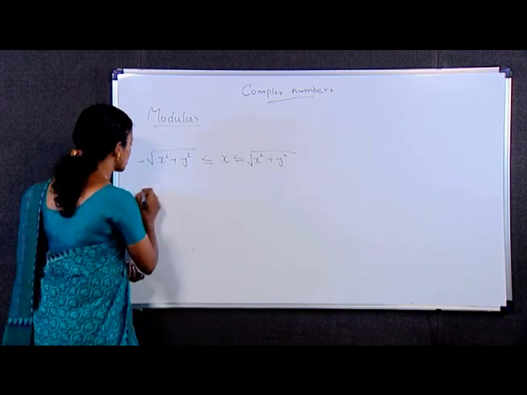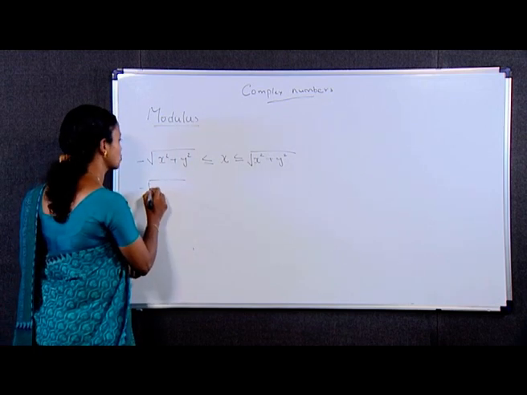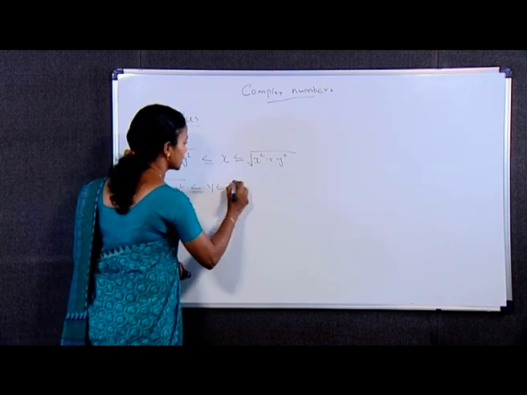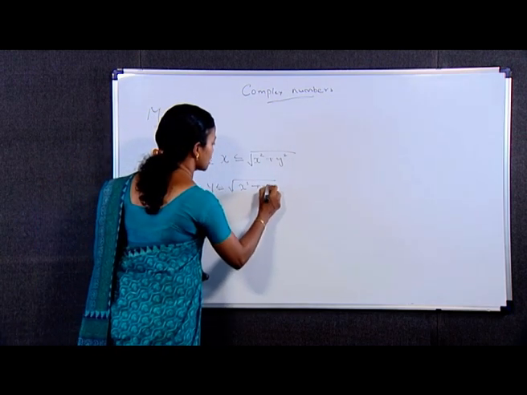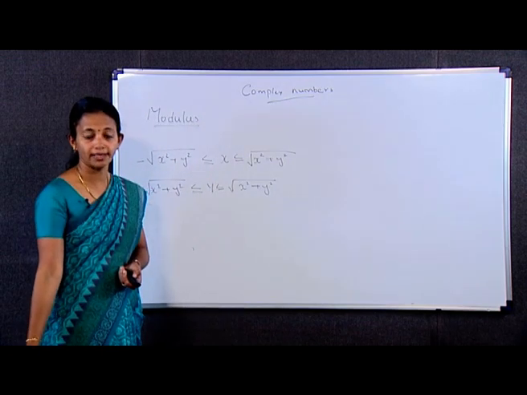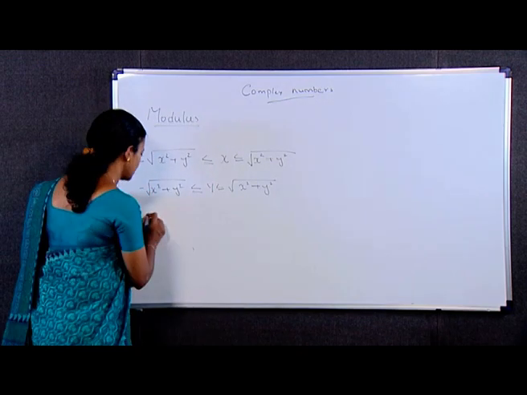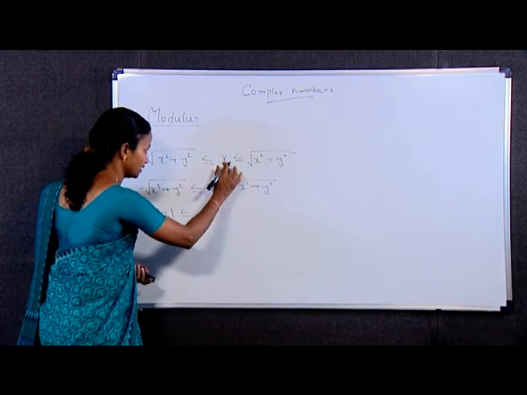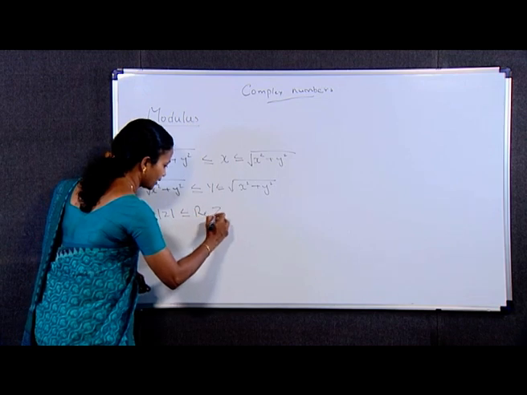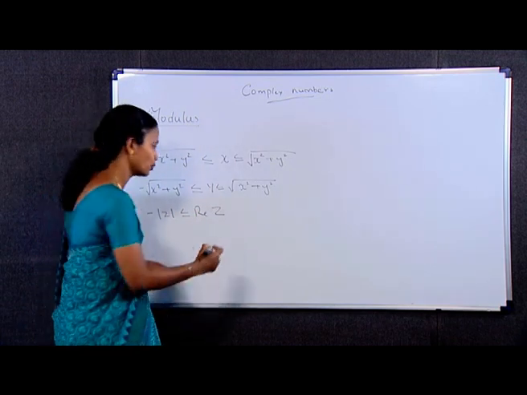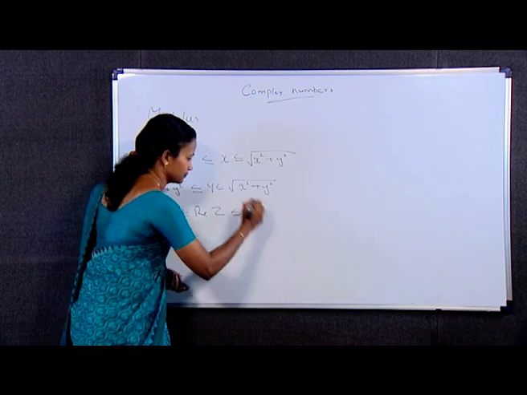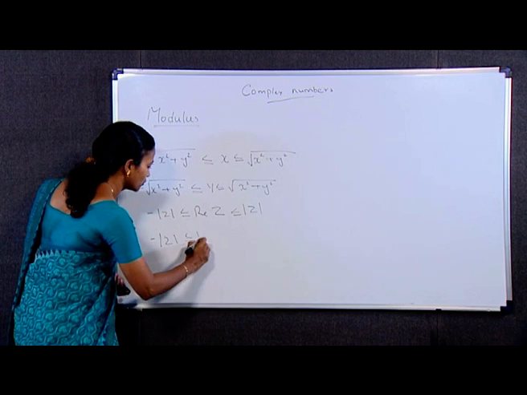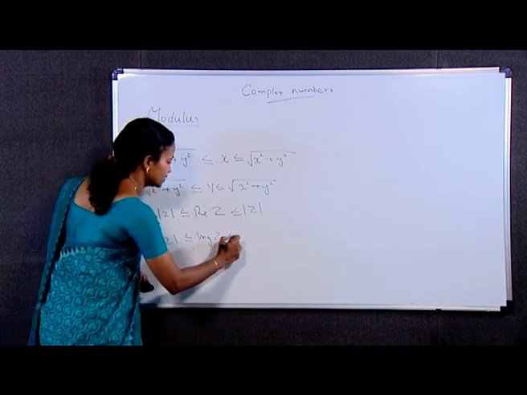And we have minus square root of x square plus y square is again less than or equal to y, which is less than or equal to square root of x square plus y square. So we have minus mod z is less than or equal to the real part of z, which is less than or equal to mod z. And again minus mod z is less than or equal to the imaginary part of z, which is less than or equal to mod z.